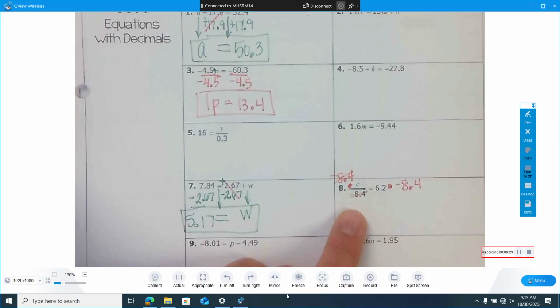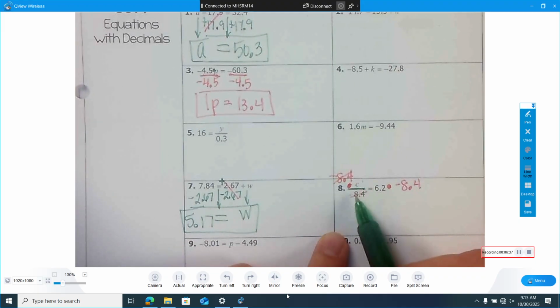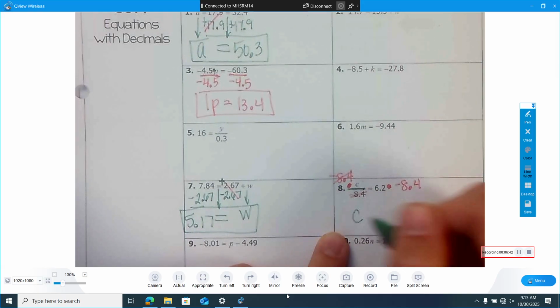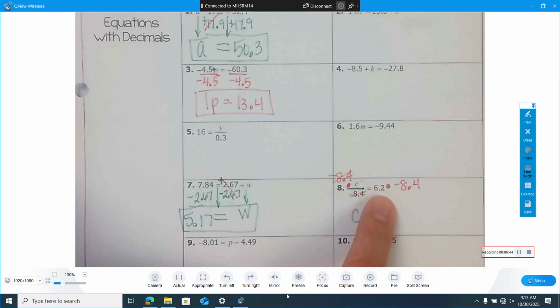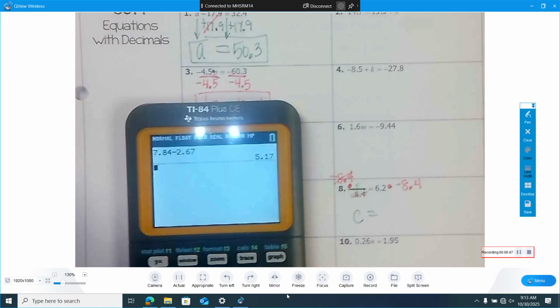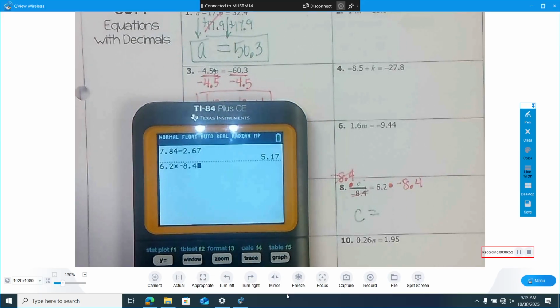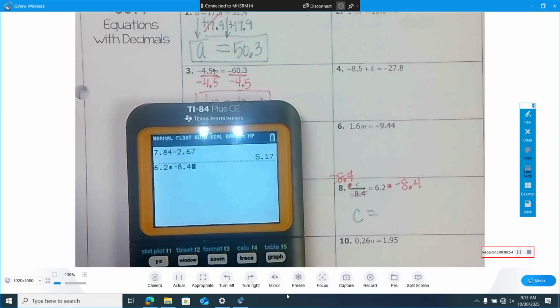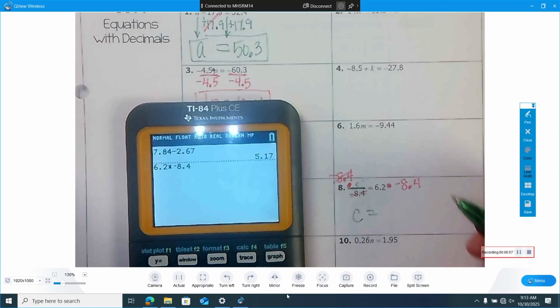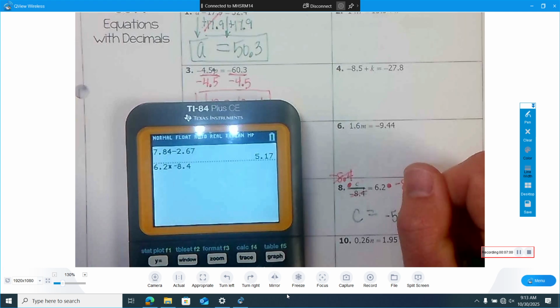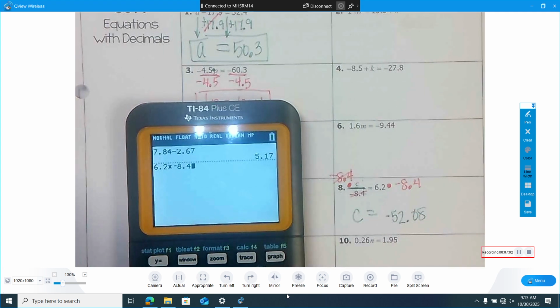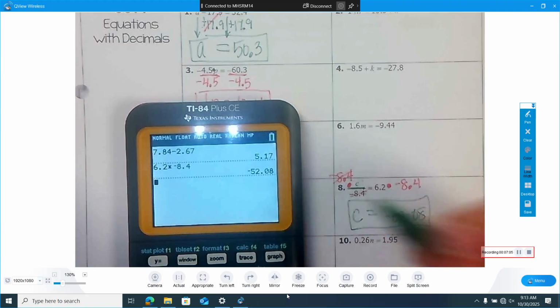You're taking notes. We are multiplying both sides. Negative 8.4 over negative 8.4 reduces to a 1 C. And then I'm going to multiply together my 6.2 times negative 8.4. And what do we get? Negative 52.08. Okay.